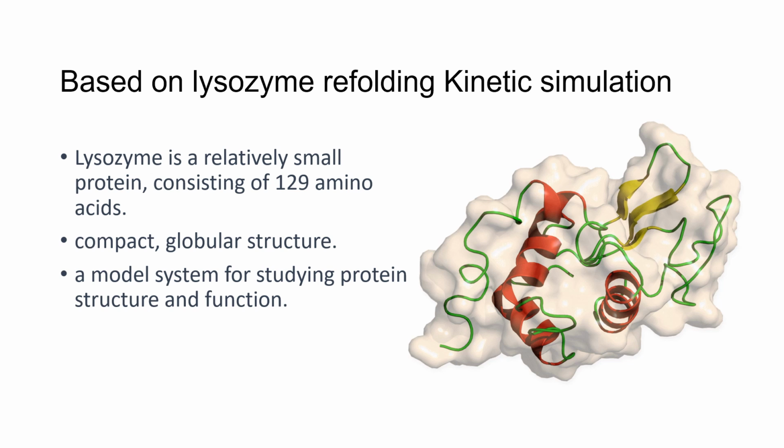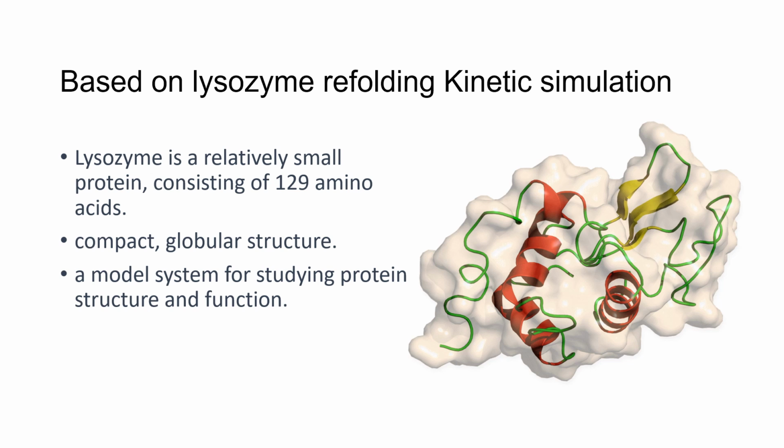Lysozyme is a relatively small protein consisting of 129 amino acids, and it has a compact globular structure.